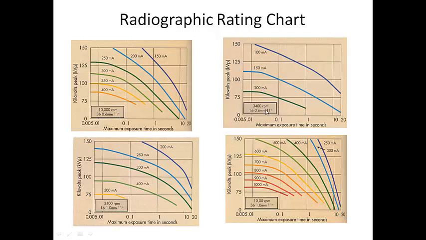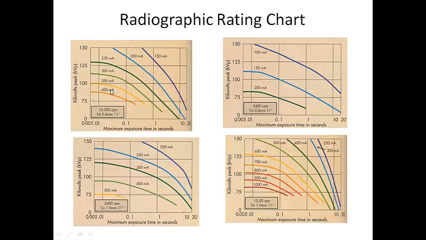For the next one, it has 3,400 rotations per minute, single phase, 0.6 mm, and also an 11 degree angle. So every chart differs regarding the rotations and also the focal spots.